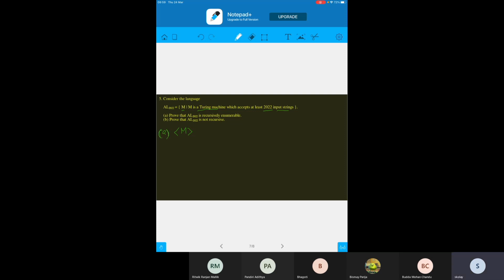Now what can you do? I can even give a non-deterministic Turing machine because a non-deterministic Turing machine is equivalent to a deterministic Turing machine. In a non-deterministic Turing machine, if I want to see whether there are at least 2022 input strings that are accepted, what should I do?